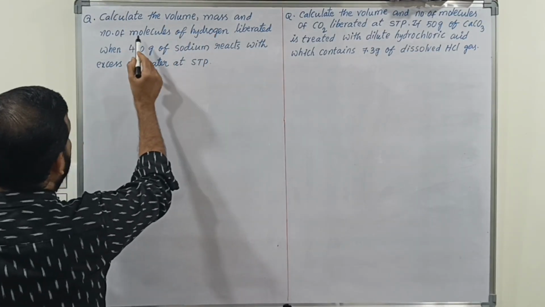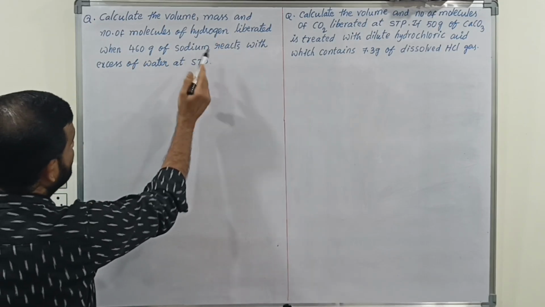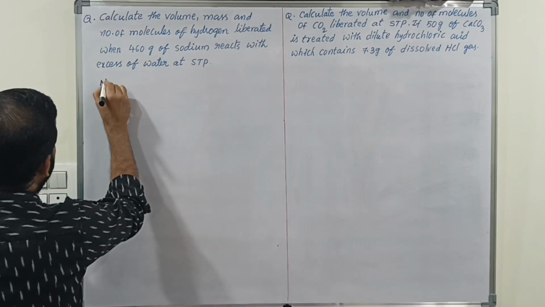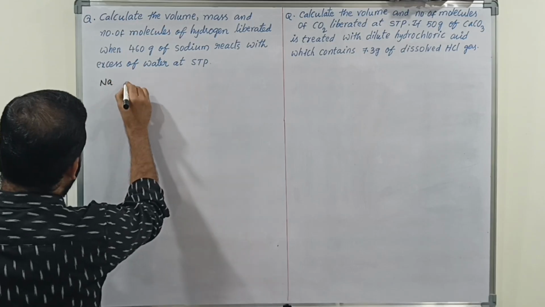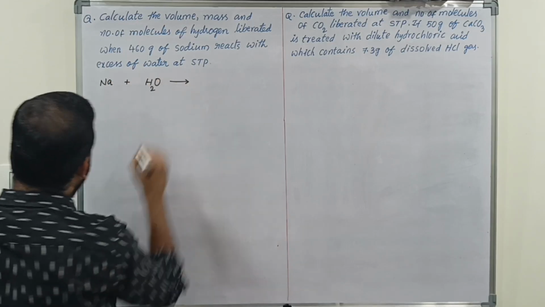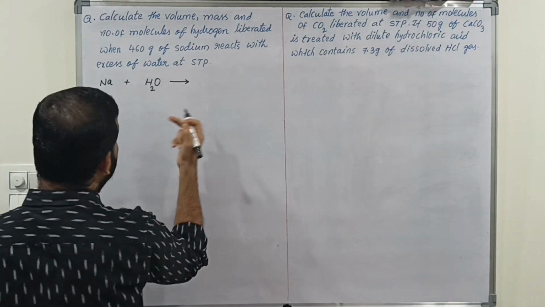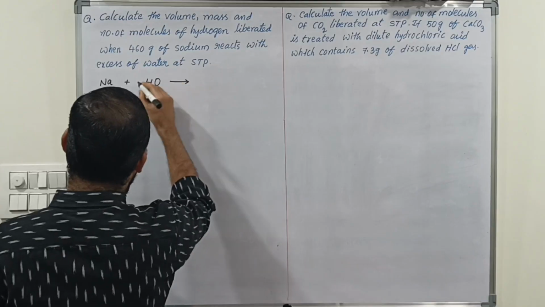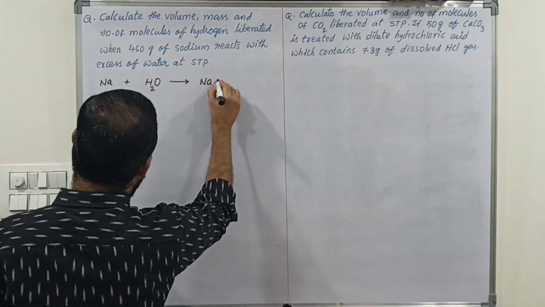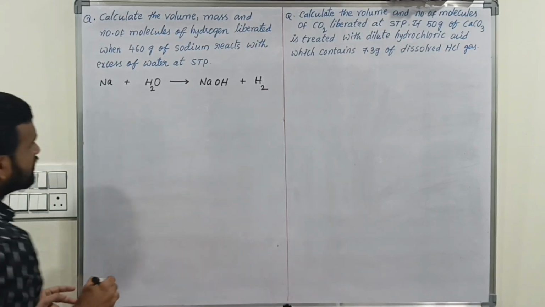Volume, mass, number of molecules of hydrogen liberated when 460 grams of sodium reacts with excess of water. Sodium reacts with excess of water to liberate which gas? Hydrogen gas. And here sodium hydroxide will be formed. This is the chemical equation.